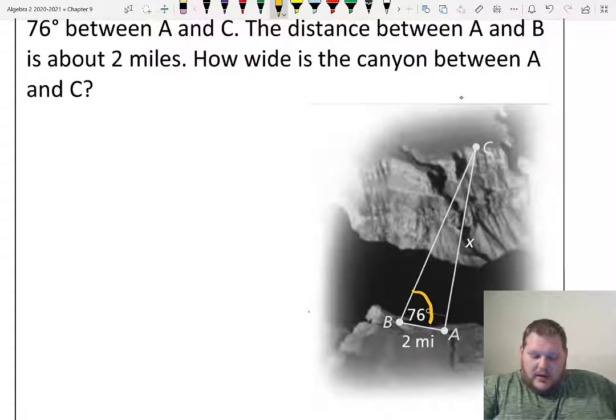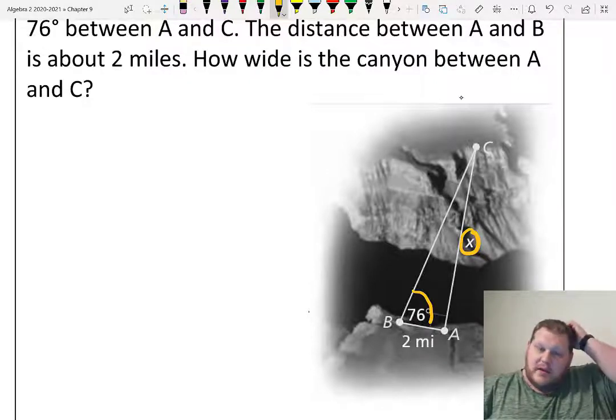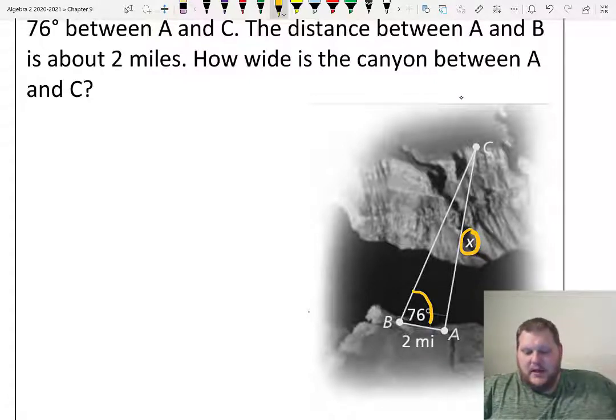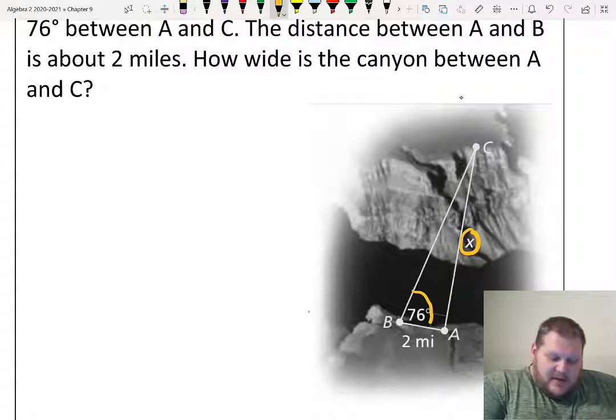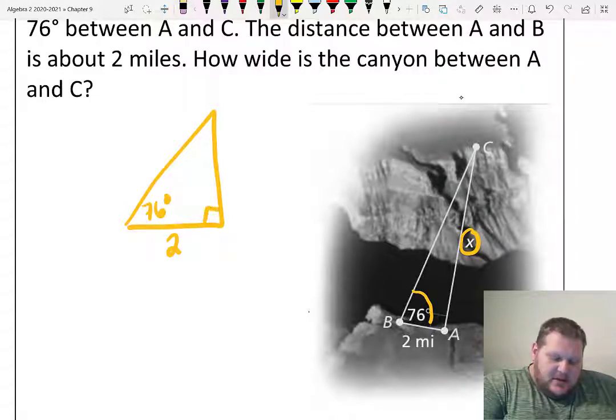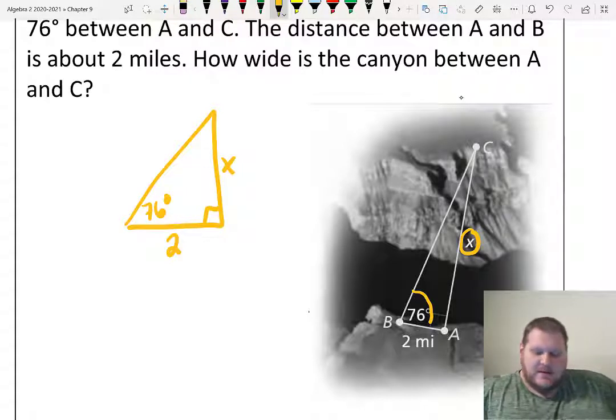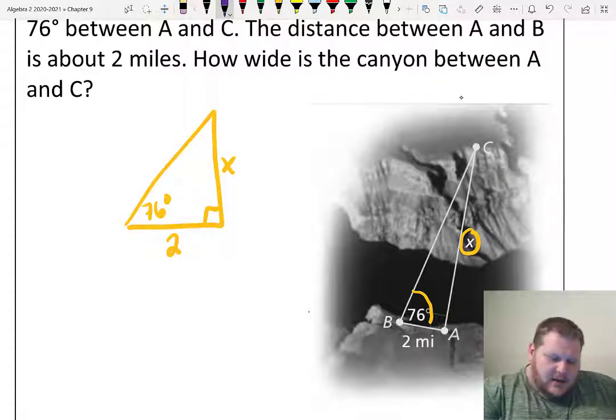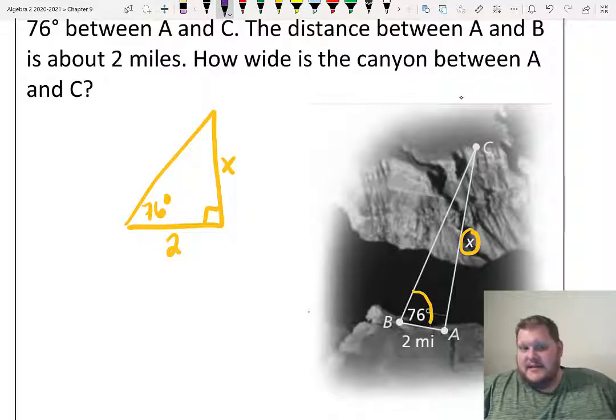This little short leg here is 2 miles, and then we're asked to find this long leg, which would be the distance across my canyon from A to C. So without keeping the scale, we've got this triangle that's 76 degrees. This is 2. This is what I'm looking for, x. Obviously it does not look correct to scale, but it might be easier for us to see.